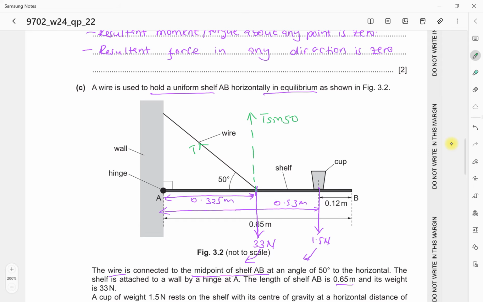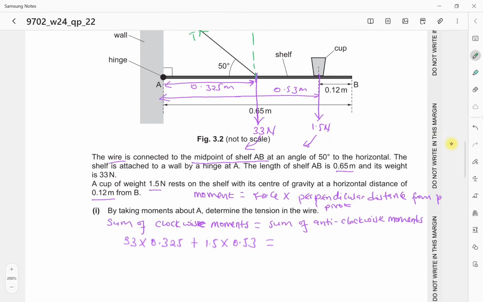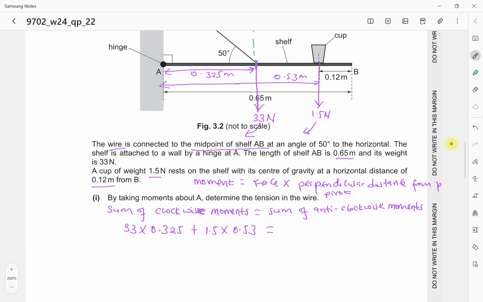So T sine 50 is now acting at a perpendicular distance of 0.325. Therefore, that will be causing the anticlockwise moment. So this is going to be T sine of 50 times perpendicular distance, which is 0.325.